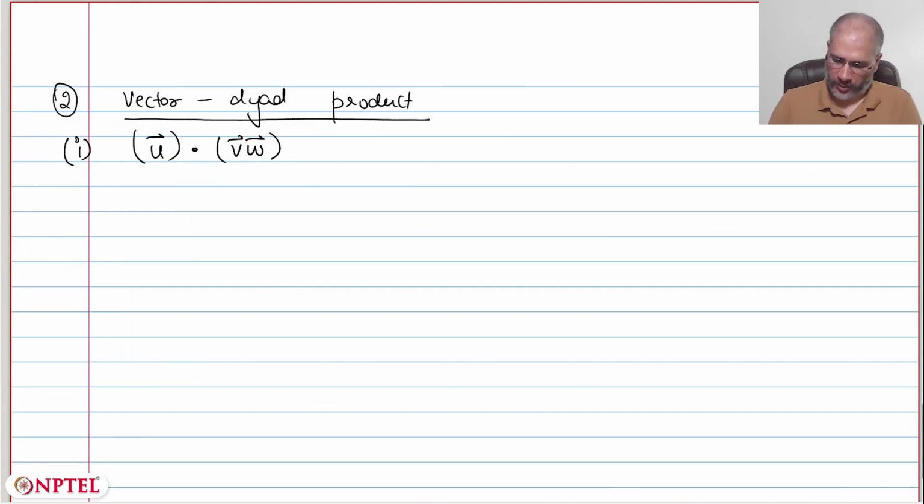Alright, so this is a first order tensor and this is a second order tensor, because it is a dyad of two vectors, as we have just seen. So let's write in the indicial notation.